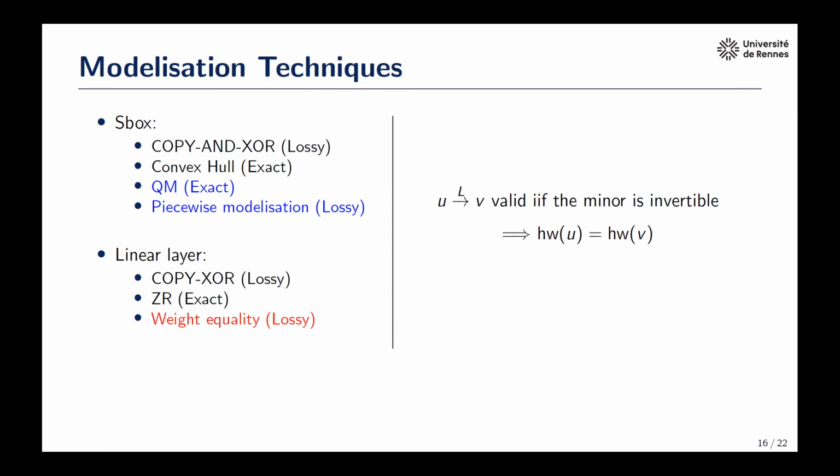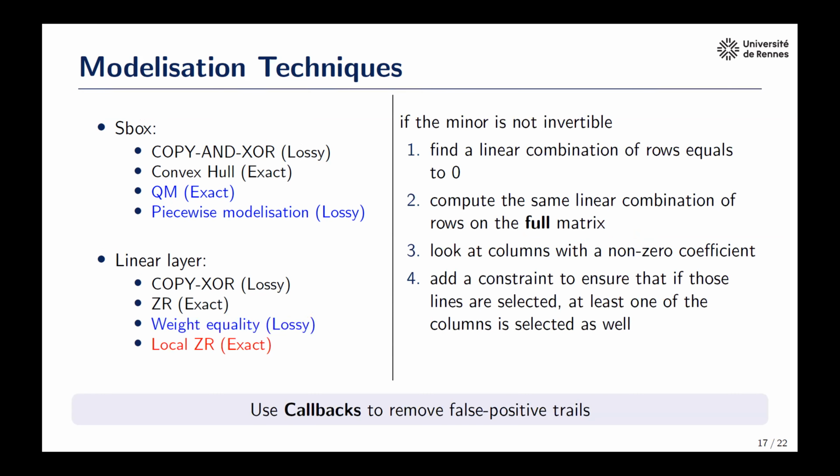What we show in the paper is that we can compute the ZR method, but only locally. When you find a solution, you can check if it is correct or not, and if it is not, you can just compute one inequality that you would obtain with the ZR method, and that will discard the solution you just found. So it's just about discarding the minor you just extracted.